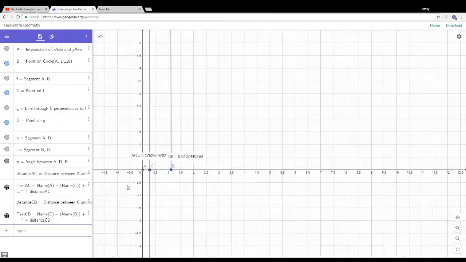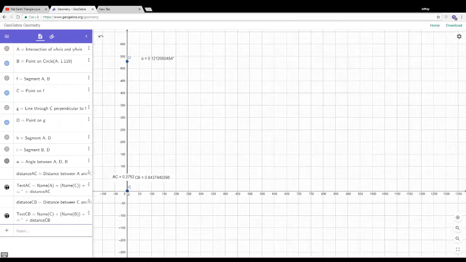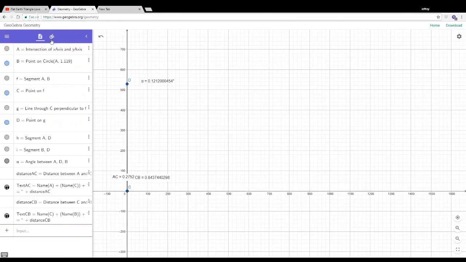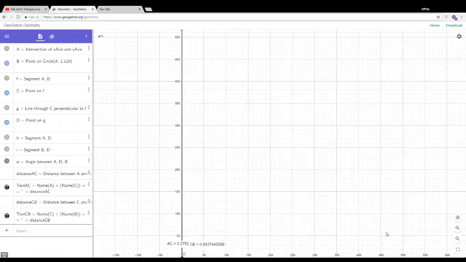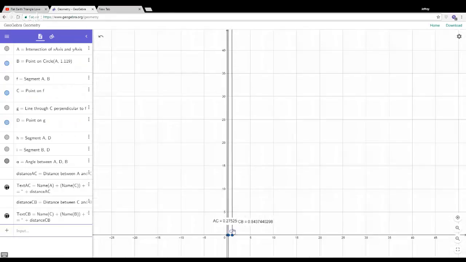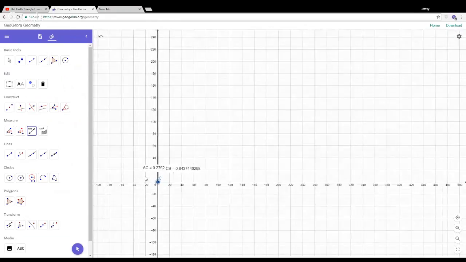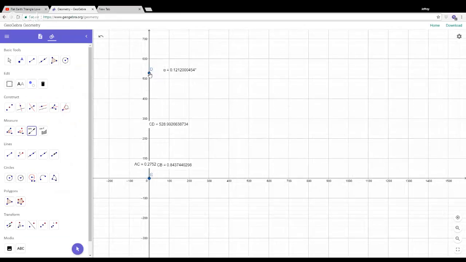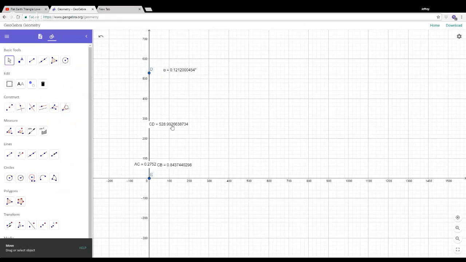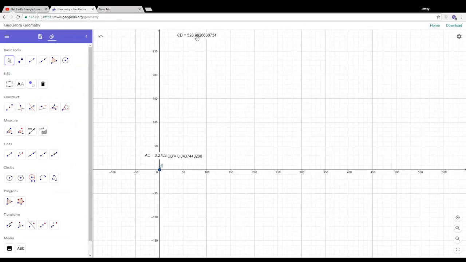Let me show you the length of the line from point C to point D. Okay.